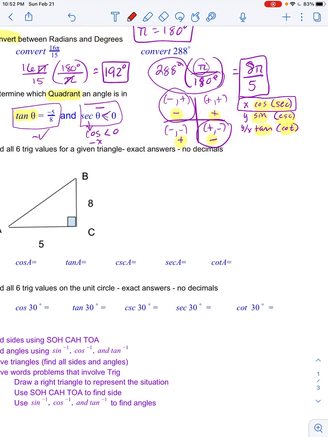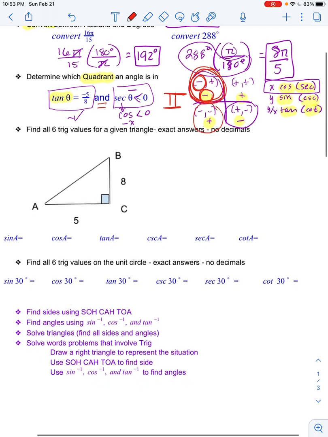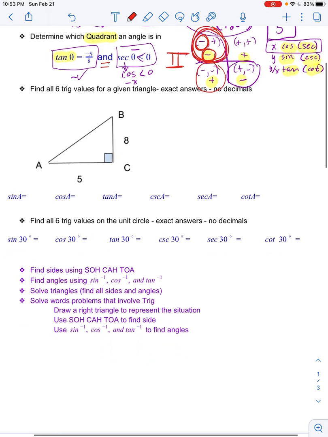Okay, well, the x is negative here and here, but we're looking for something that is both. And so in this quadrant, both things happen. I have a negative tangent and I have a negative x. So that is quadrant 2, and that is my answer. So it's a super simple answer, but I have to really think my way through that.